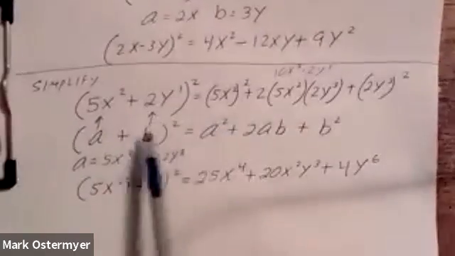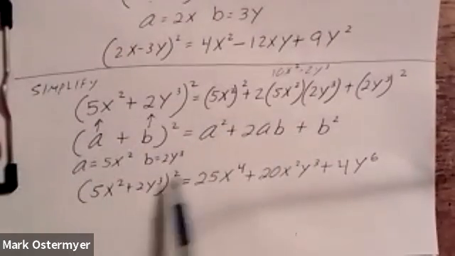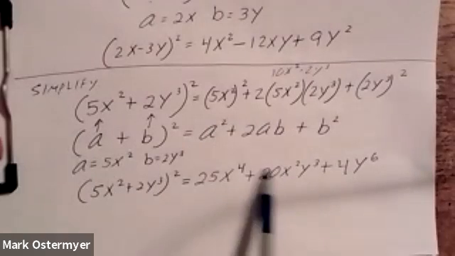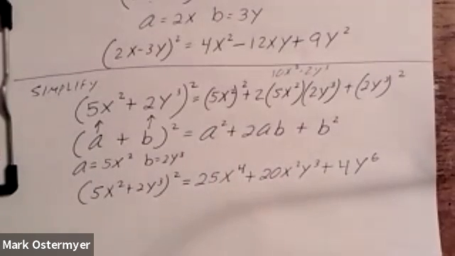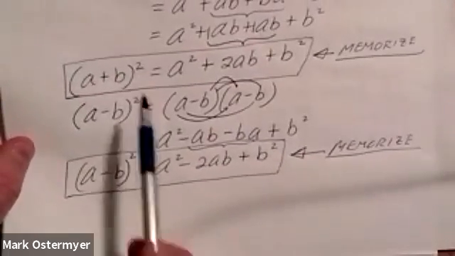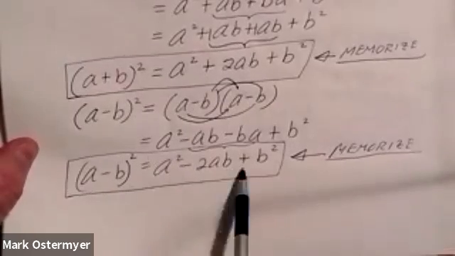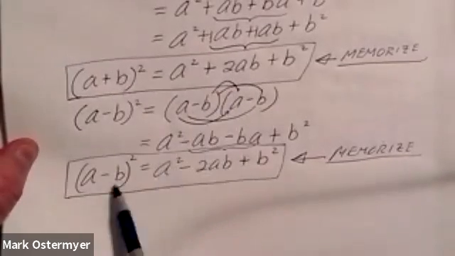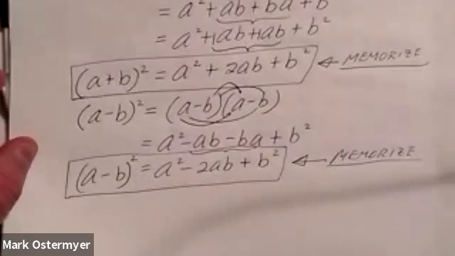If we can just memorize these special products, it's going to speed up our ability to square binomials. That's the whole intention of these special patterns, to try to make our life a little easier. So hopefully you can commit these patterns to memory.